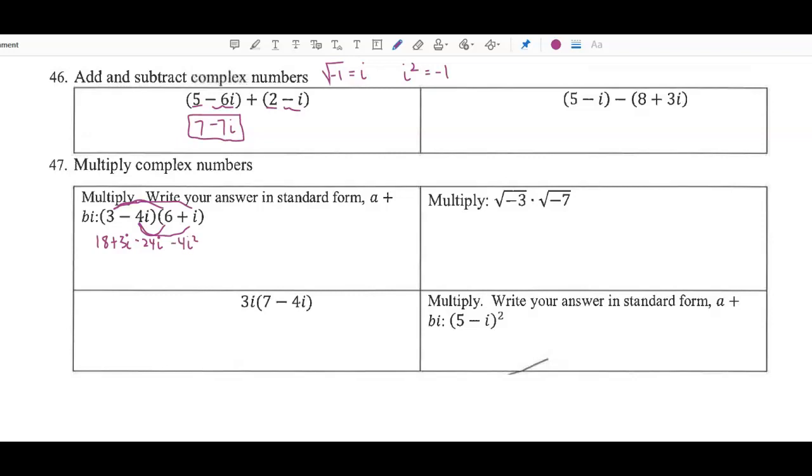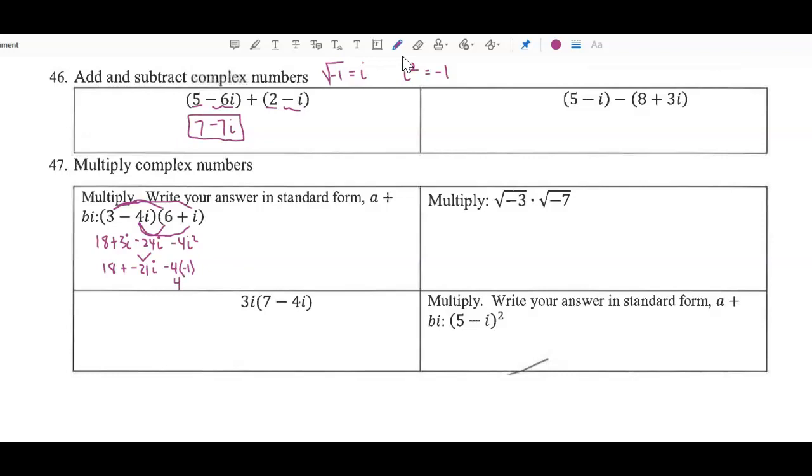Now we can see that we have some like terms we can combine together. So let's do that. So that will give me negative 21i in the middle. But here, remember that our i squared equals negative 1. So we're really saying negative 4 times negative 1. We're taking that i squared out and replacing it with a negative 1. And so that's really a positive 4.